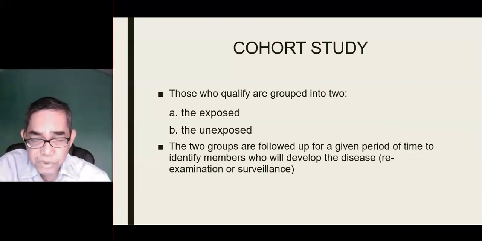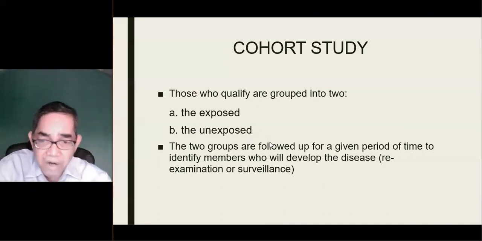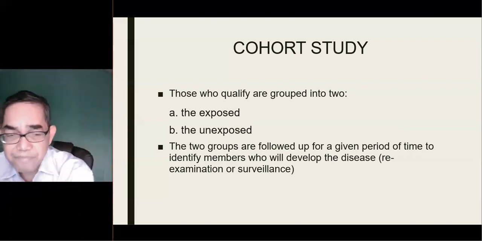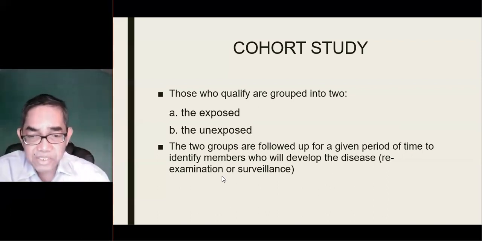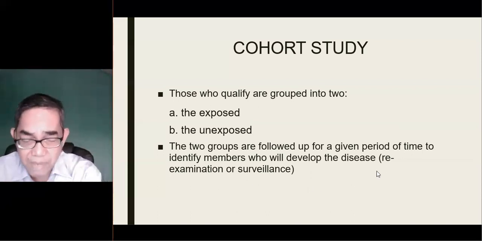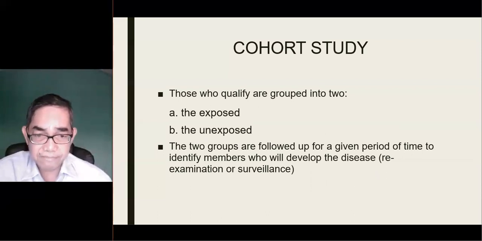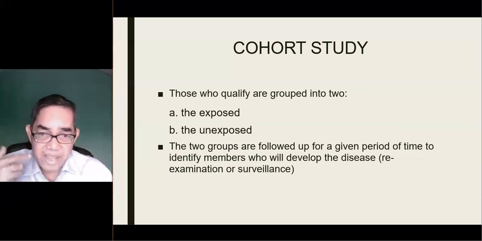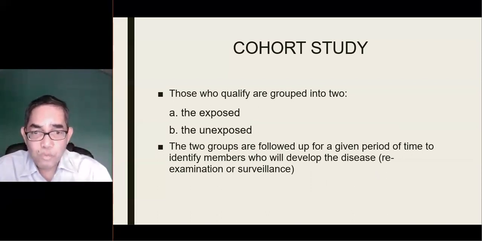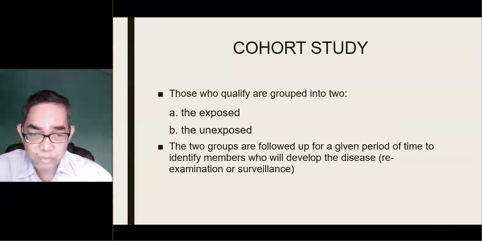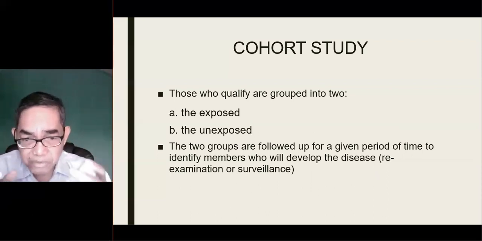And then only those who don't have the disease are grouped into two, the exposed and the unexposed, and they are followed up for a given period of time to identify who will develop the disease later on. So there is a re-examination or a surveillance. In a cohort study, when we talk of cohort, we are talking of people who don't have the disease.